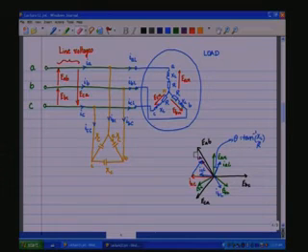So, this improves the power factor as far as your line side portion or the generator side or the source side is concerned. So, this is an important industrial application which is normally practiced.